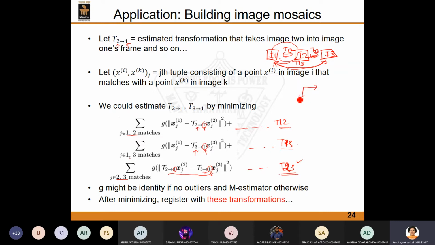So when you're trying to find the image mosaic of the bigger picture, it gives us lesser error and a better transformation estimation.